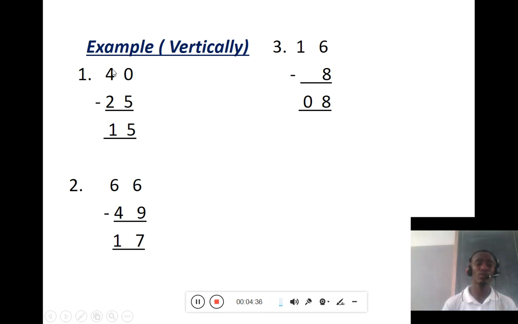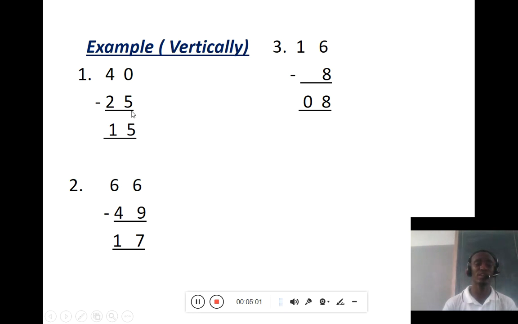That 1 which we borrow has a value of 10. So when you come to put it here, it will be 10. So here you will draw 10 balls, then you will cut 5. Can you try? Draw 10 balls, then cut 5. Okay, I think the answer is 5. The answer is 5, because if you draw 10 balls and cut 5, you remain with 5.